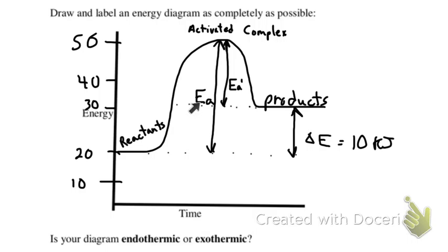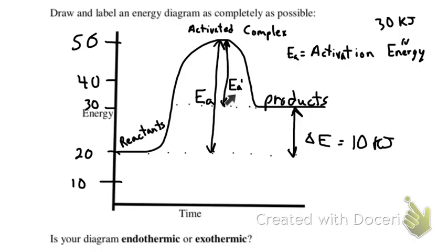Now our EA is our activation energy. EA equals activation energy. Our activation energy is the energy it takes to go from the reactants to the activated complex. Activation energy gets you to activated complex. Our activation energy goes from 20 to 50, so our activation energy is 30 kilojoules.